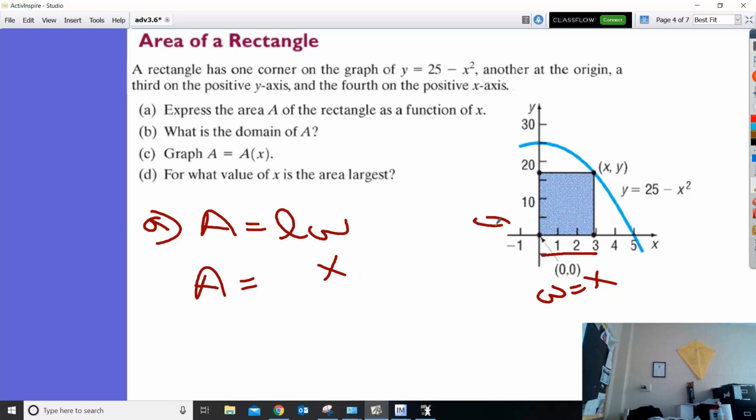The length of the rectangle, wouldn't that be some y value because it goes up? So there it is, rectangle is some y value times some x, or some x times y, however you want to write it, nobody cares. Right now it's area as a function of x and y, and goal as a function of x.